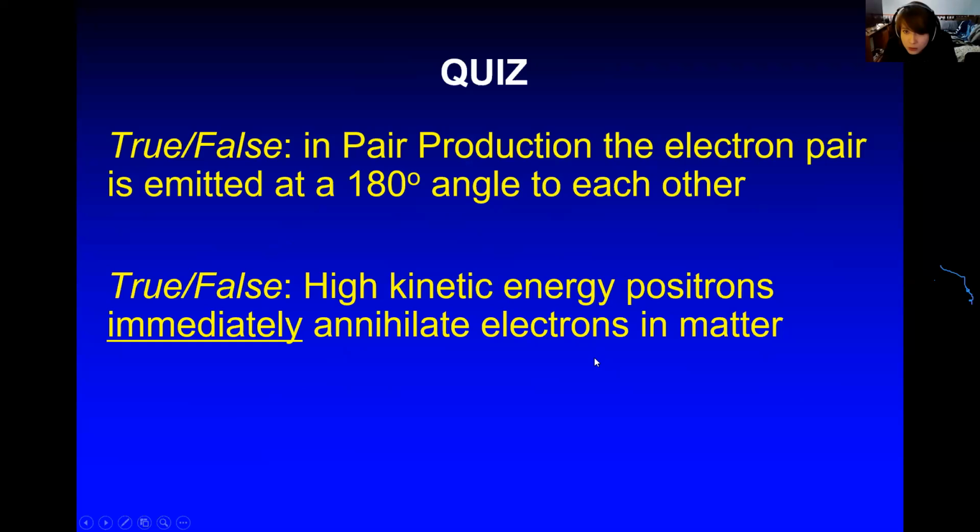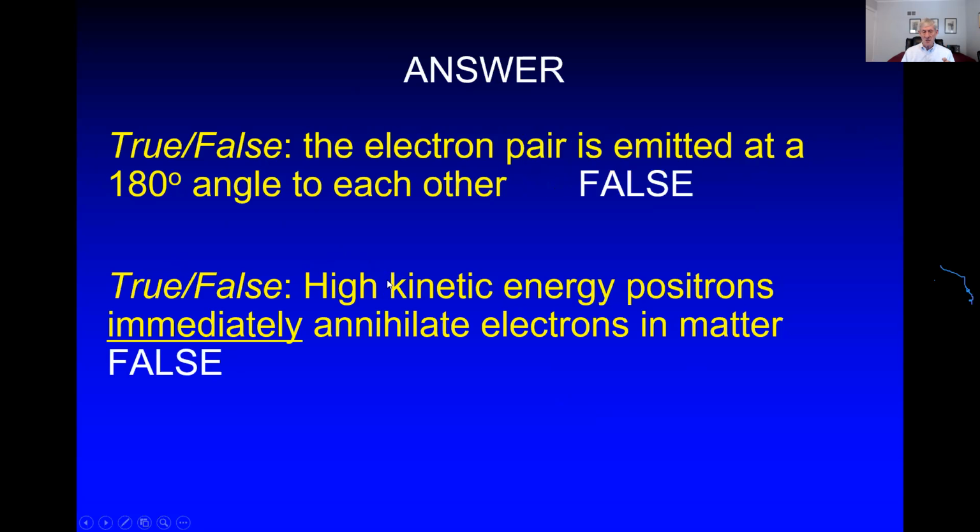False. Remember, we said a high energy positron can only create ionization events. It has to cool off, reach its rest mass, its lowest kinetic energy. Only then can it annihilate. This is false because only a low kinetic energy positron can immediately annihilate an electron. So there are your answers to those.